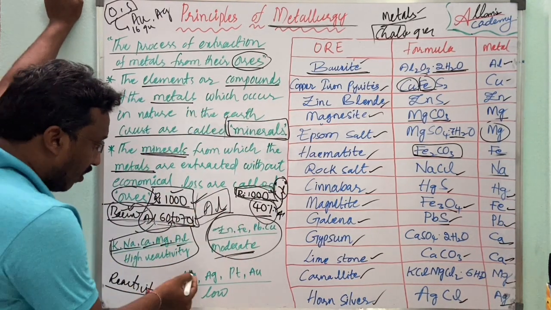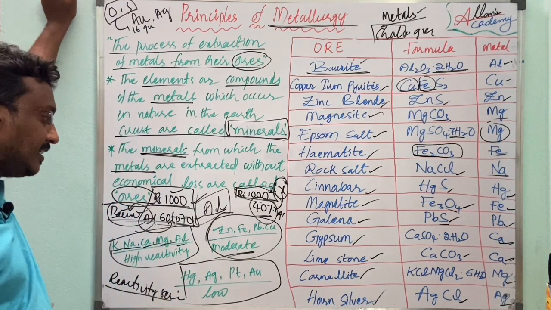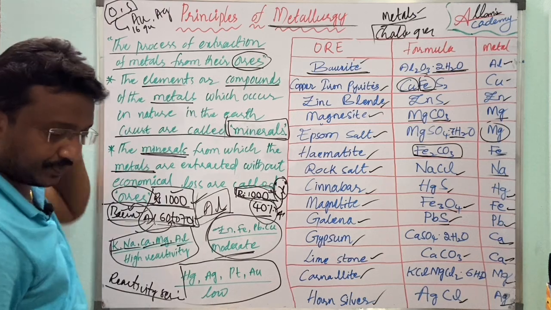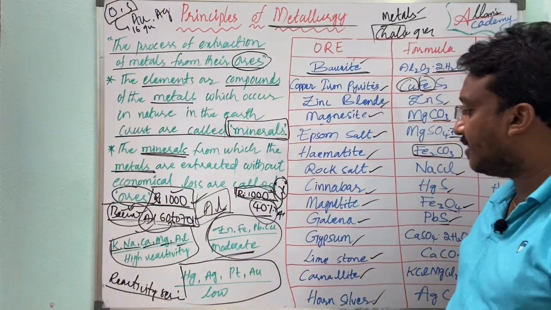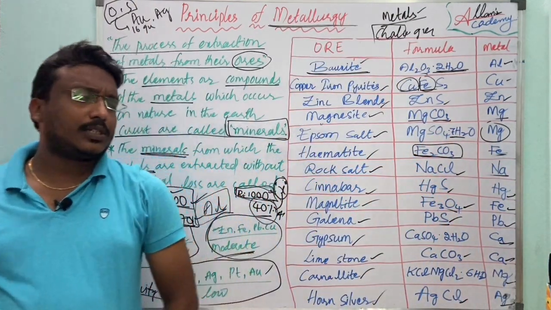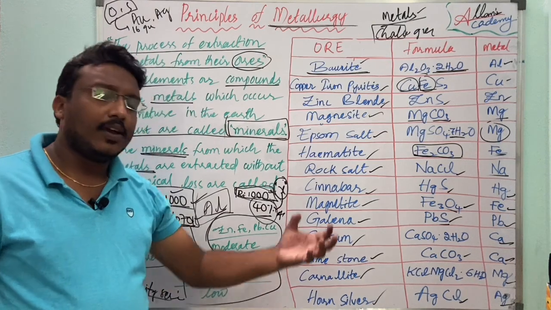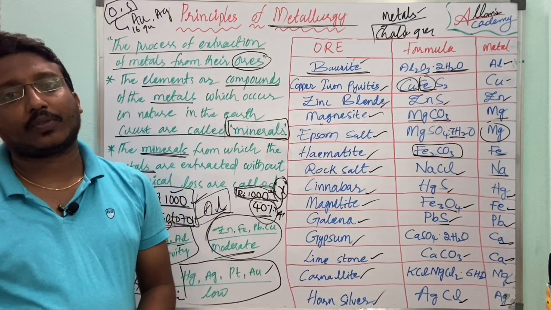Then here, very low reactivity: Hg, Ag, Pt, Au. That means mercury, silver, platinum and gold have very low reactivity. That's why most probably we get them in the free state only.